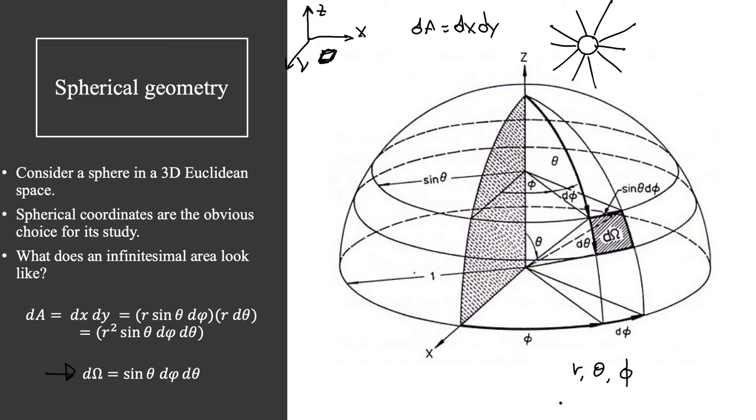When you're looking down, it's pi. It makes sense that it's sine of theta, because if you are on this wedge here, the closer theta gets to 0, the smaller this area is. If you took the same area, even with the same d theta, but you're getting closer and closer to the vertical axis, the segment gets smaller and smaller, and so it makes sense that it's proportional to sine of theta. Same thing happens if you go to the South Pole.